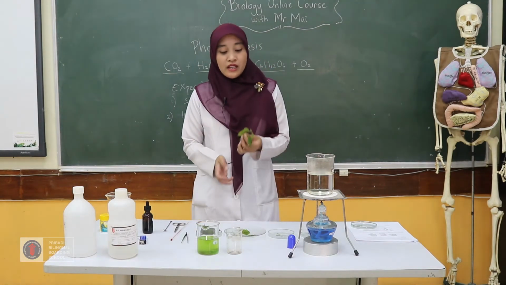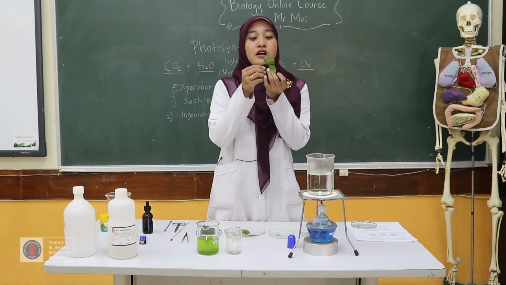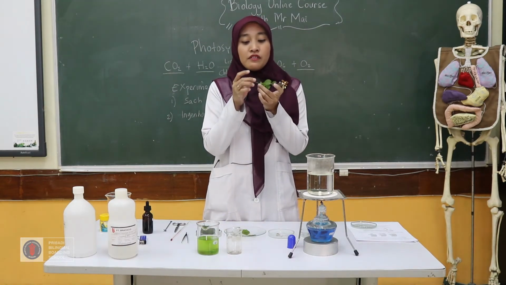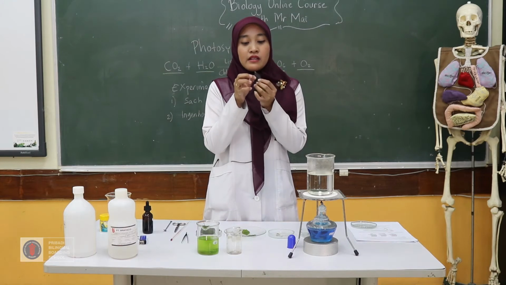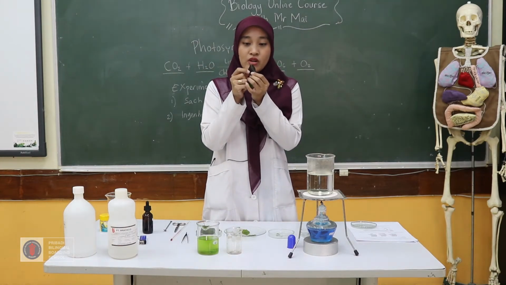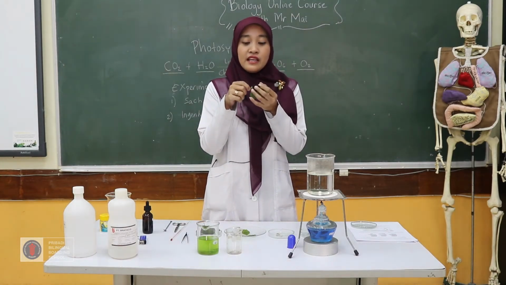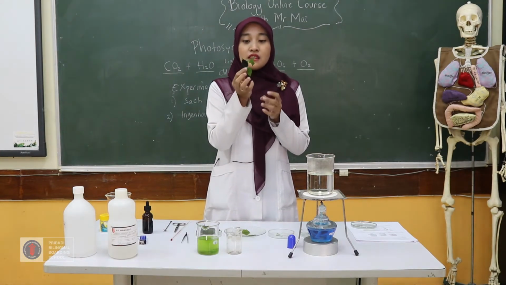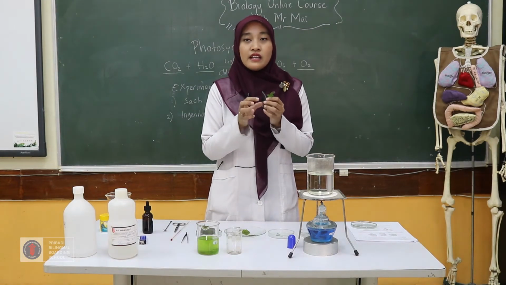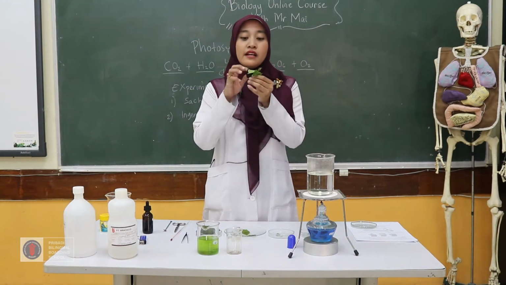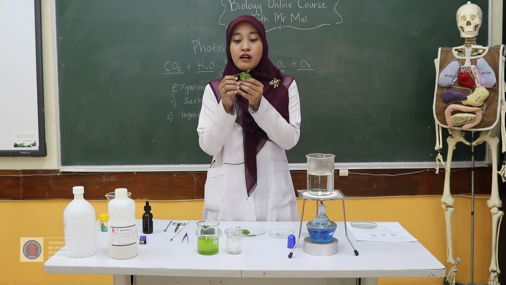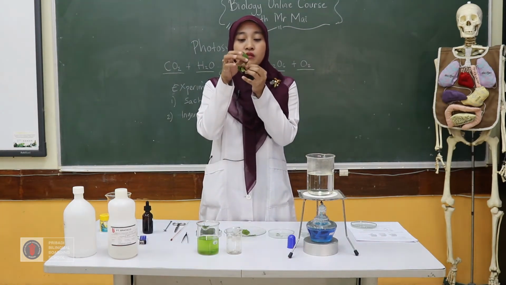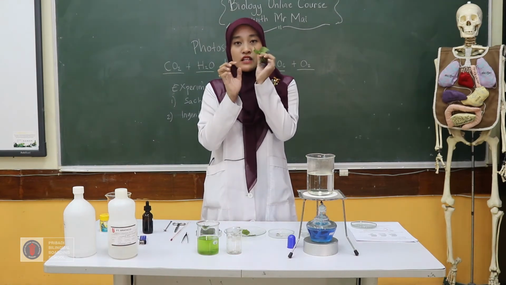We take one of the leaves on the plant, and then cover the leaf with black carbon paper like this one, and let it be for 48 hours. Not cutting the leaf first. Let it stay on the plant and cover it with the black carbon paper like this, and there are also leaves that are not covered by carbon paper like this one.